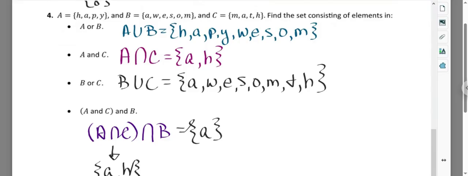Then that intersected with B, A's in. That's it. That's all we have.